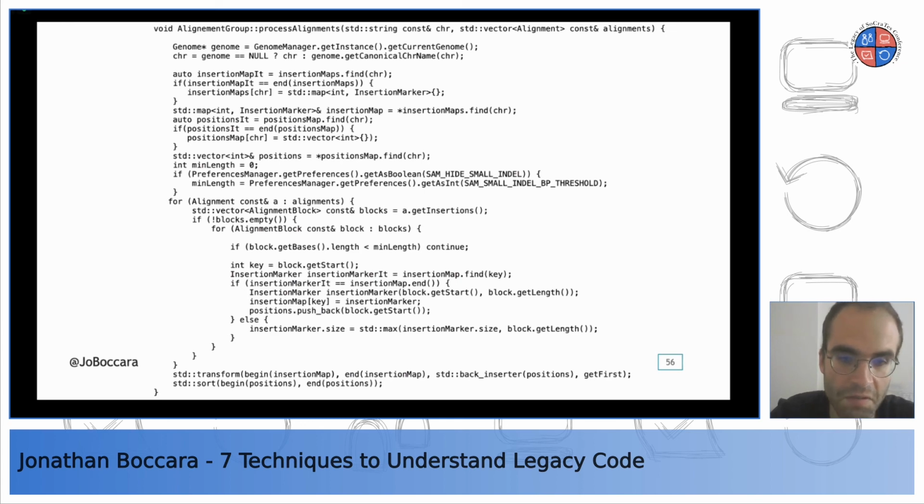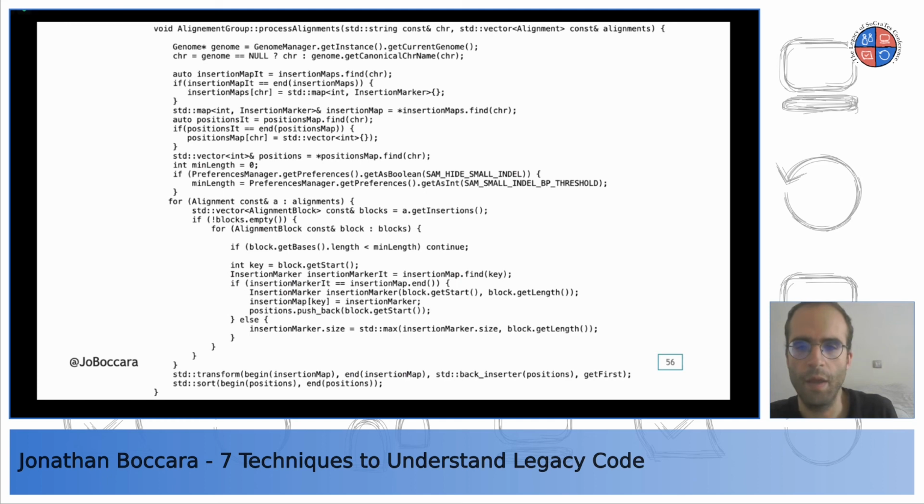The line before it, we also see positions appear down at the end. This std::transform function applies a function, which is called getFirst, which is at the end of the line. std::transform applies getFirst on every element of insertion map and produces the results in positions.